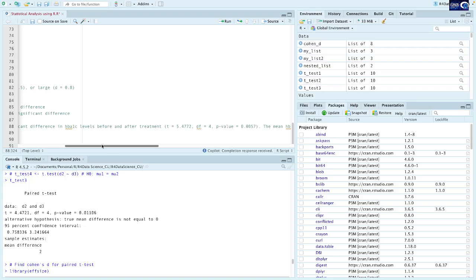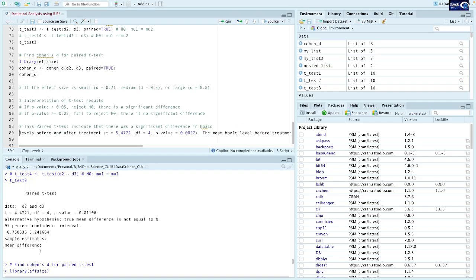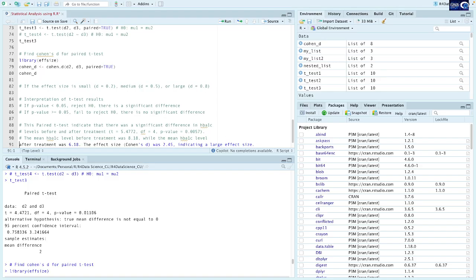Significant difference in HbA1c level before and after treatment. So there you need to mention these three values. Okay, and the mean HbA1c level before treatment was 8.85, while the mean HbA1c level after treatment was 6.18.